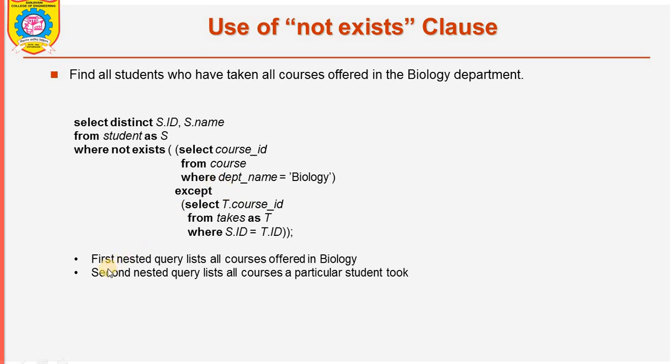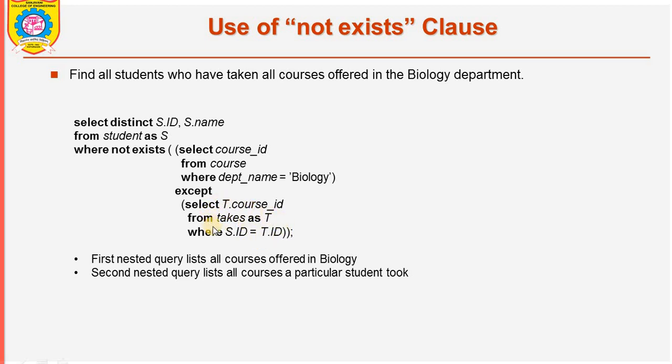So initially the first nested query lists all the courses offered in biology. It will do the set difference, that is, it will select all course_id where department is equal to Biology, and from that we are checking whatever student is coming, mapping with the T.ID in the takes table.